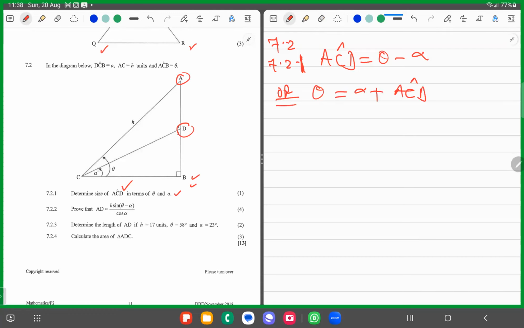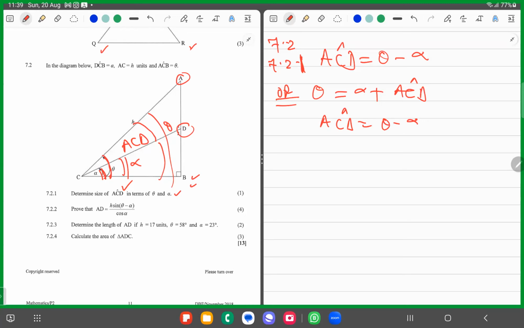If you take ACD and add alpha, you get the whole angle, and the whole angle is theta. So you can just do an angle addition. So ACD equals angle theta minus alpha.